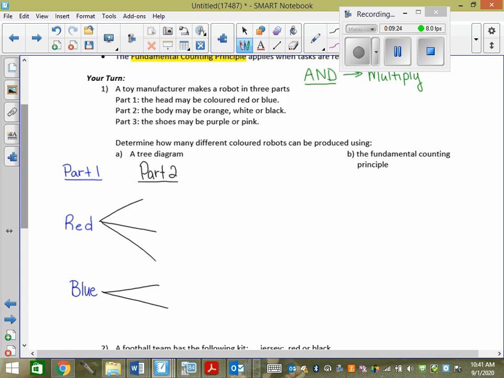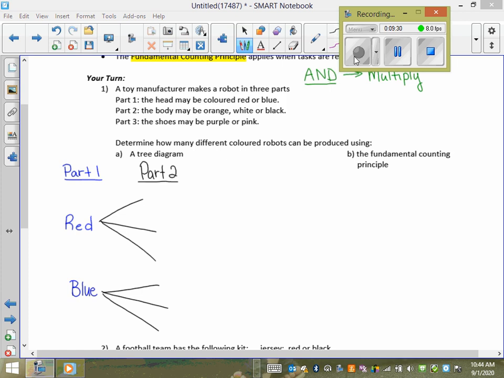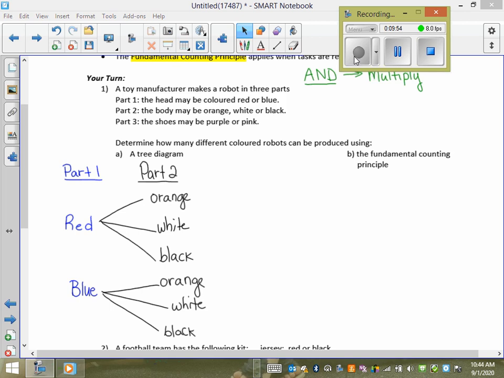So you finish this. You're going to finish the tree diagram and do the fundamental counting principle, which is the blanks. So for part 2, we had orange, white, black. And at this point, if we stopped, if we didn't need the shoes, we would have 6 different toys we can make, right? But we do have shoes. So we have a part 3.